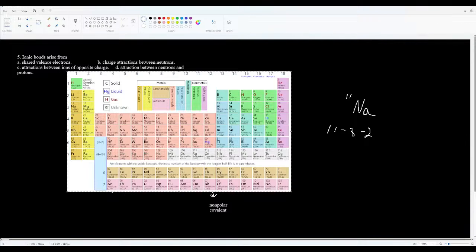Hydrogen and helium fill the innermost shell, which is 2. So bam, 1, 2, and then we move down, 1, 2, 3, 4, 5, 6, 7, 8, and then we move down again, 1, 2, 3, 4, 5, 6, 7, 8. Helium has 2 valence electrons, so it's perfectly even.